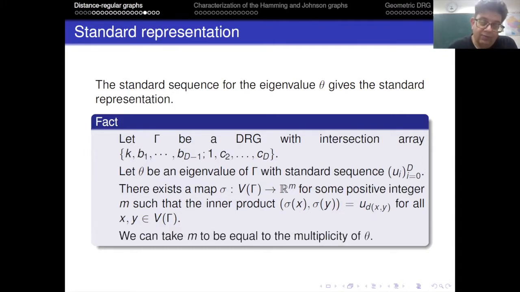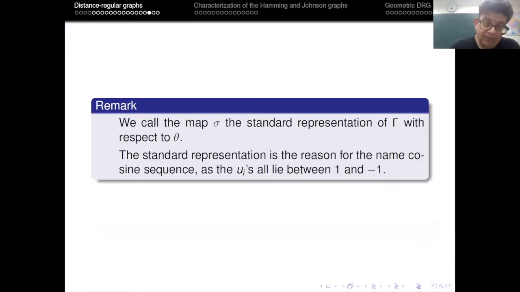And you can take m to be equal to the multiplicity of theta, because the rank of the vectors spanned by sigma is exactly the multiplicity of theta. And we call the map sigma the standard representation of gamma with respect to theta. The standard representation is the reason for the name cosine sequence, as the u_i's all lie between 1 and -1, so we can think of it as a cosine of an angle.